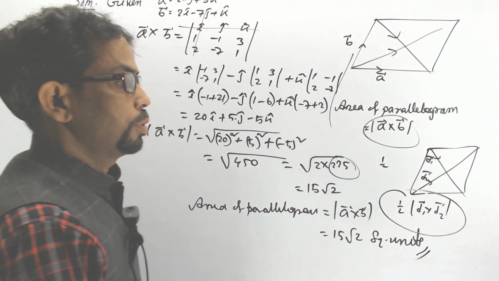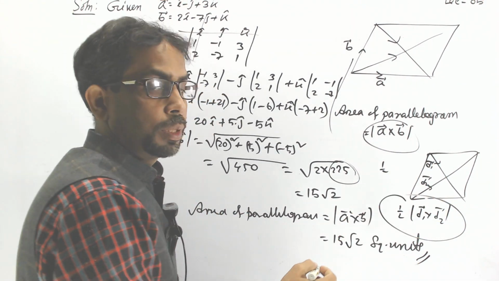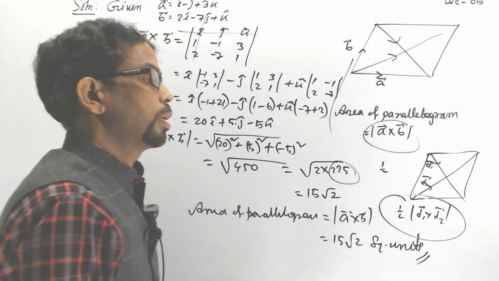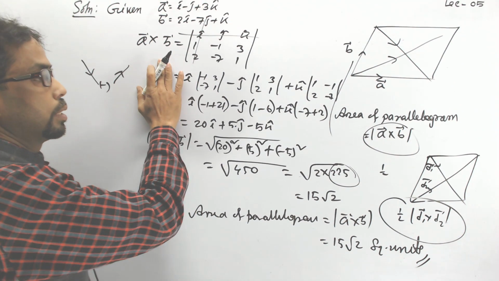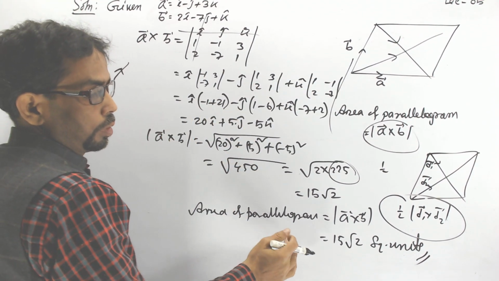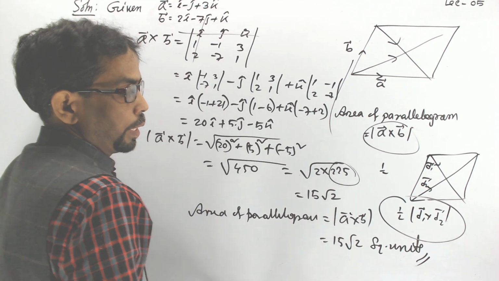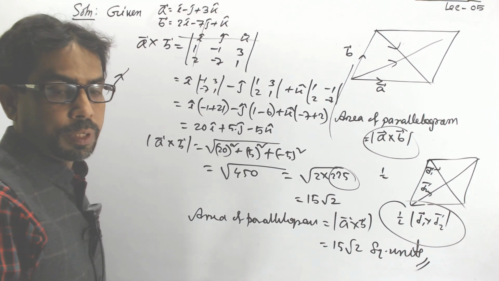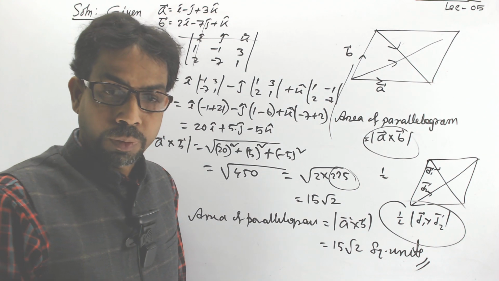Half of d1 cross d2 magnitude gives the area of parallelogram if the diagonals of the parallelogram are given. But here the sides, adjacent sides are given, then this is the solution. It is just cross product, and magnitude of cross product represents the area of the parallelogram with sides.